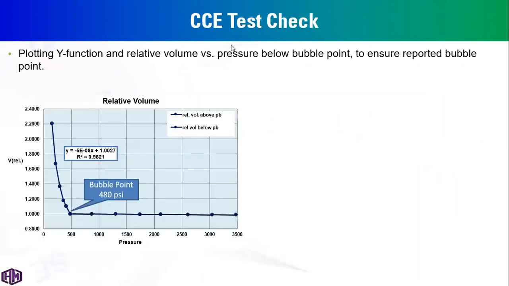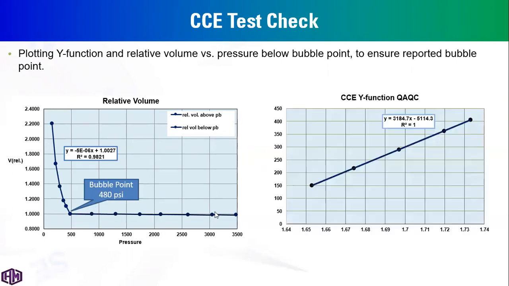Also, for the CCE test check, we plot relative volume against the pressure. This is the determination. We have significant changes in the slope of two lines at the saturation pressure, specifically for black oil or heavy oil reservoirs, and also we plot the Y function and check this straight line.